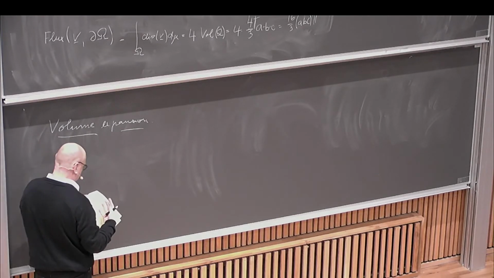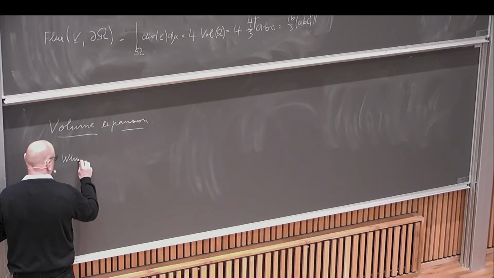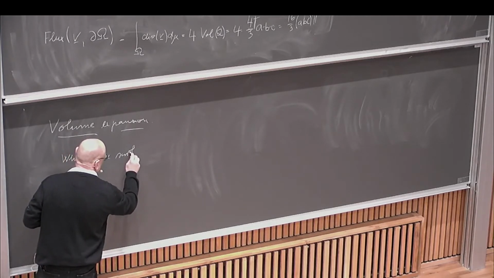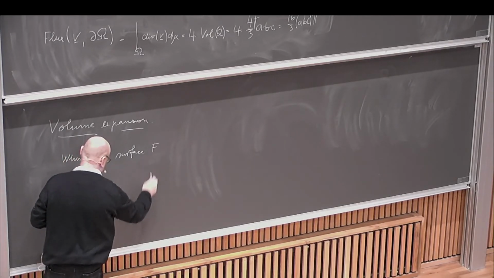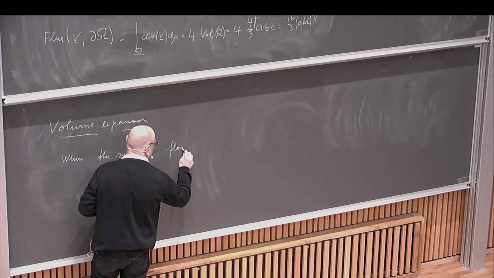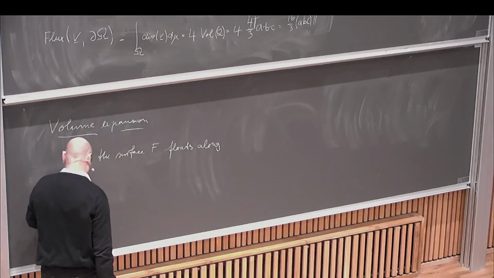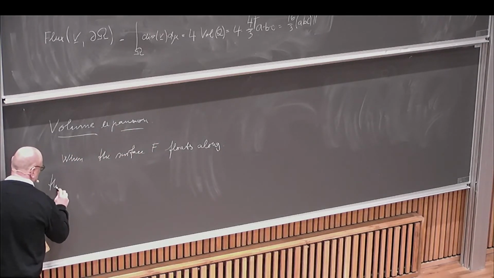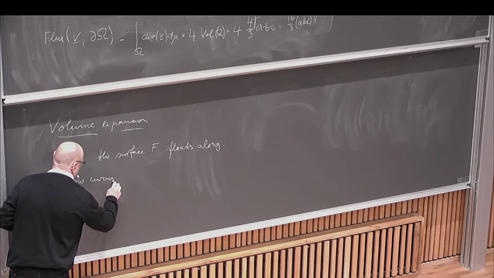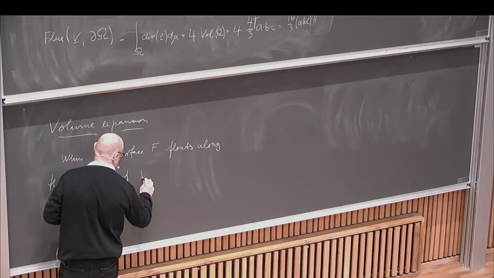And here you imagined that you have a surface, F, and it floats along the flow curves of a vector field.